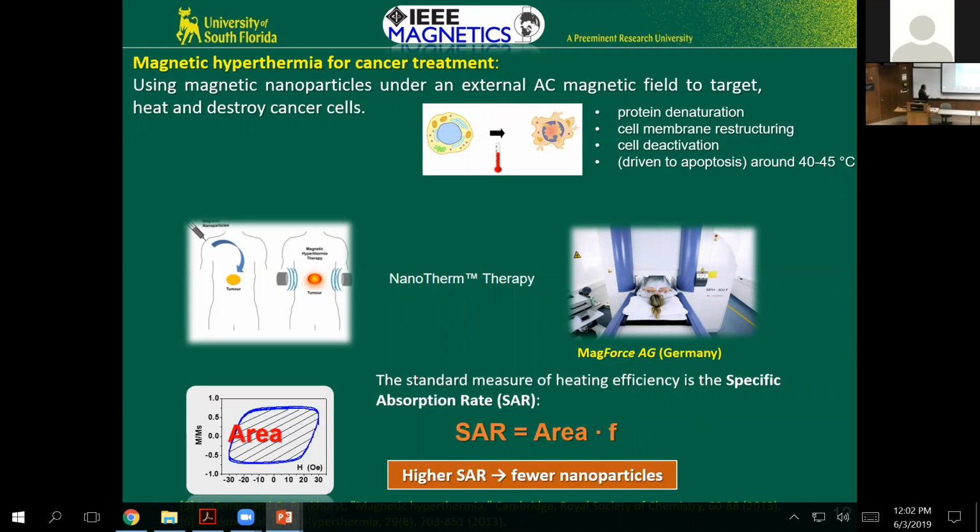And for hysteresis loops that look like this, we want a large area. Remember that the area inside the hysteresis loop is dissipation, and dissipation here is in the form of heat. So we want to increase the area inside the hysteresis loops by playing around with different conditions, namely the external field that we apply, the external frequency, as well as the types of particles that we use.